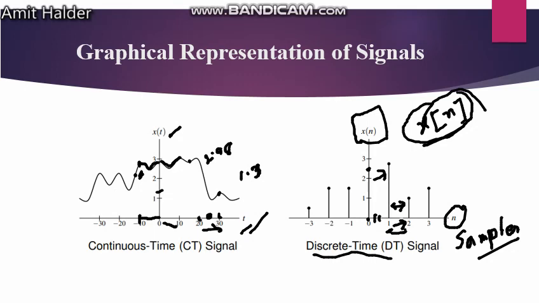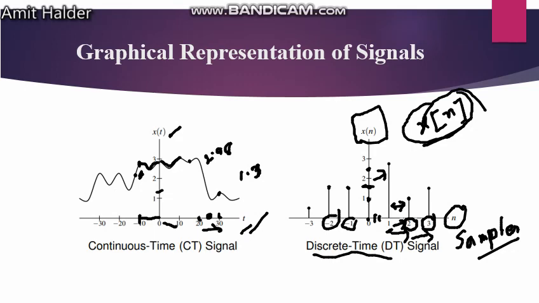From 1 to 2 interval is 1, 2 to 3 interval is 1. The value on the sample of 2 is 1. The value of sample of 3 is 1.5. Minus 1 is 1.5. Minus 2 is 1.5. Thus you can calculate it. That is known as discrete time signal.